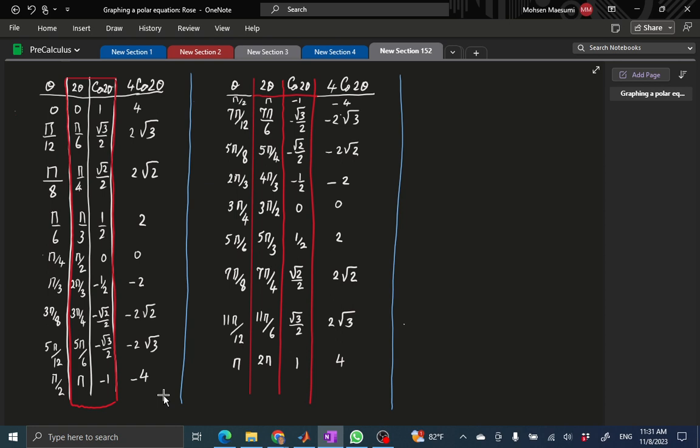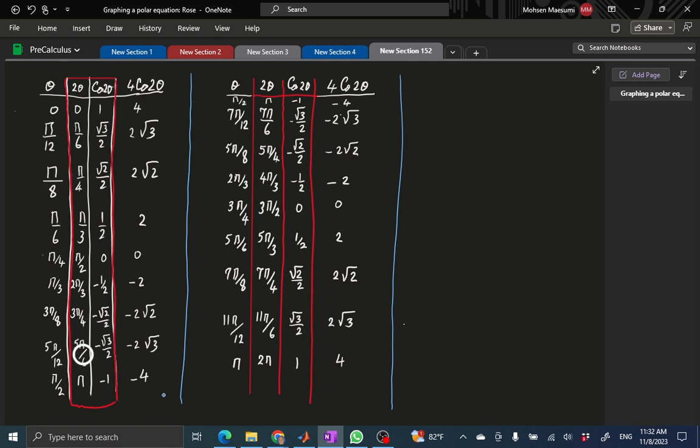Then we notice that our problem is cosine of 2 theta. So I'm going to label these angles 2 theta, and these are then of course cosine of 2 thetas. So what is going to be theta itself? Theta is going to be half of whatever angle we had here. So if this is pi 6, this is going to be pi 12. If this is pi 4, this is pi 8.